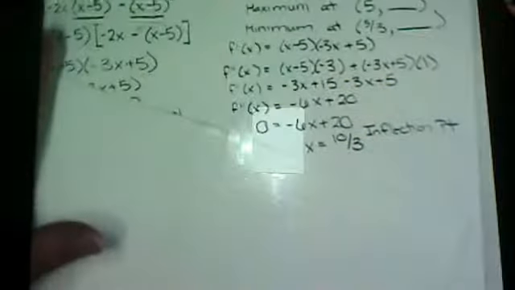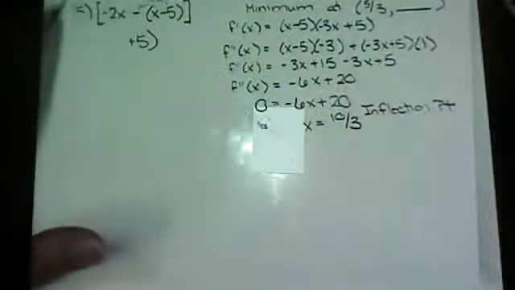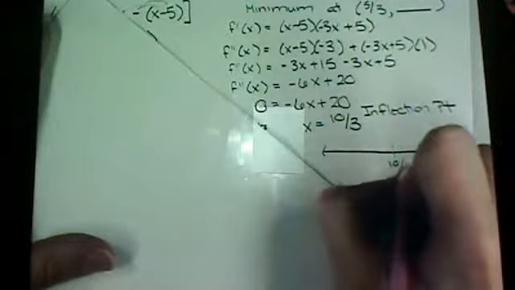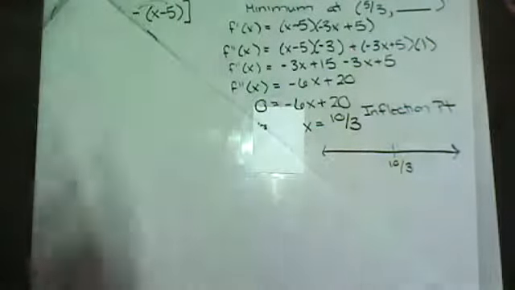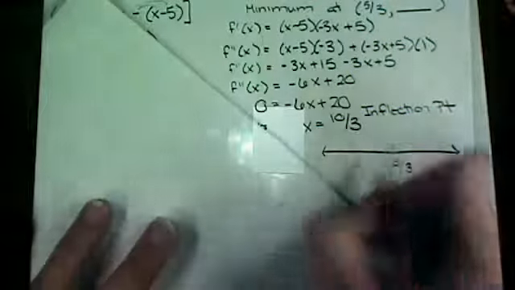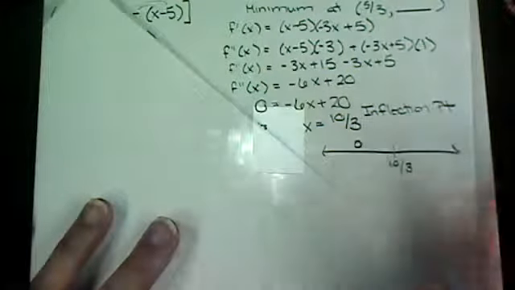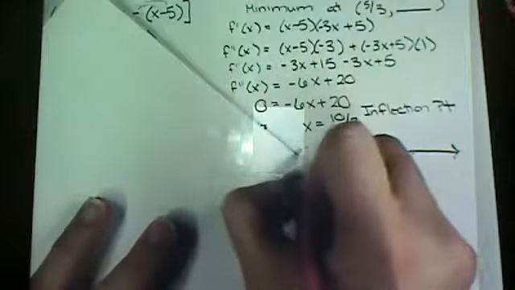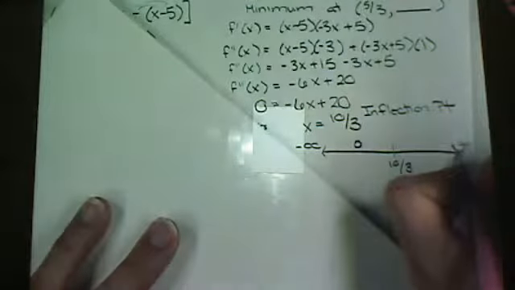And then just like the first derivative test, we are going to have to create a number line to see if it's concave up or concave down. I'm going to pick two numbers on either side of this. So on this side, I'm going to pick 0 because it's the easiest thing to plug in.